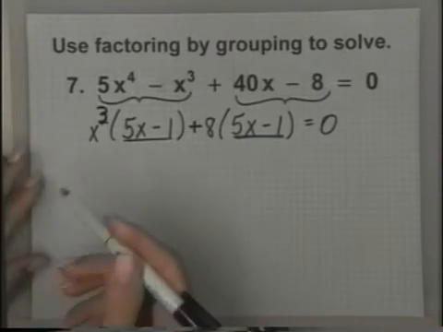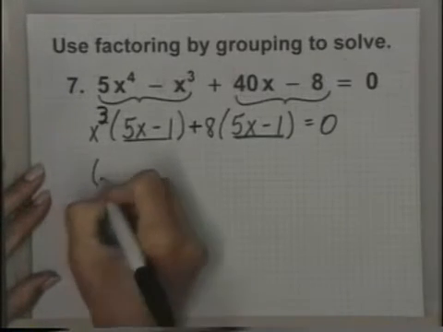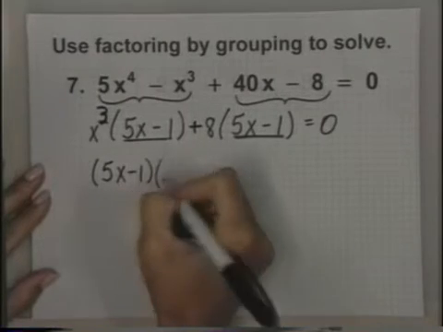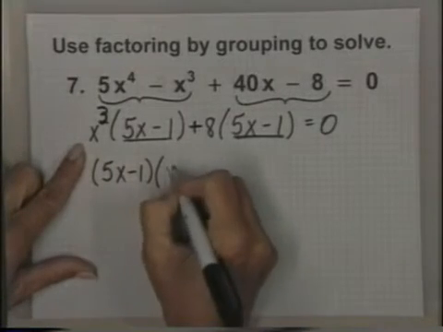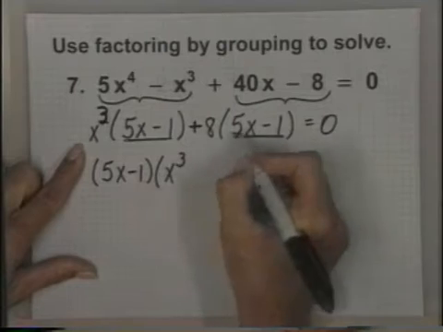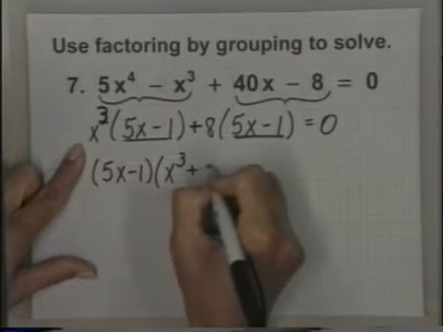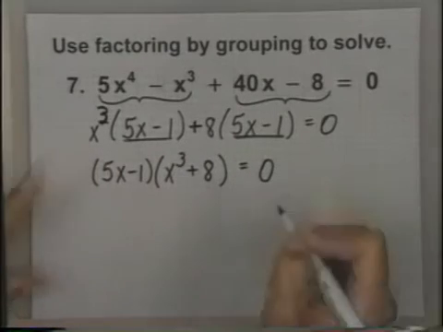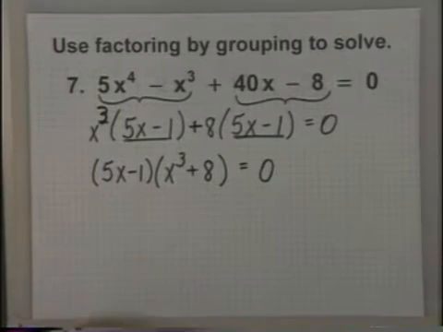Let's factor the 5x minus 1 out of each term. In the first term, we're left with x cubed. In the second term, we're left with plus 8 equals 0.